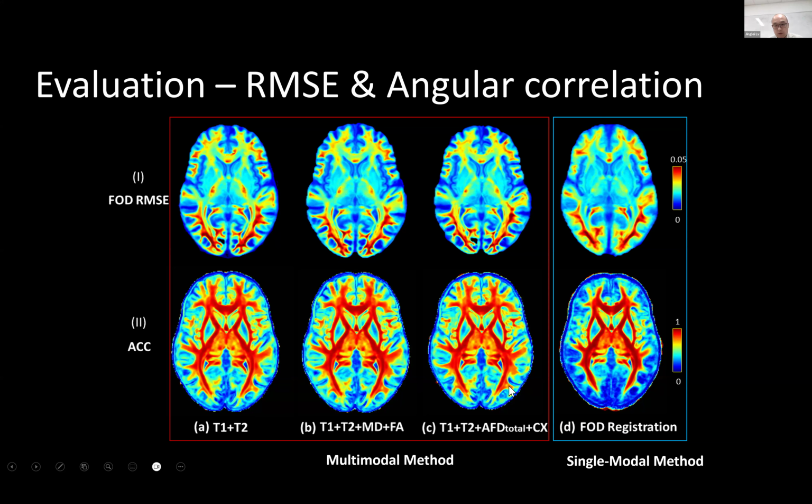In these red blocks, we have all the multimodal approaches, and on the right we have the single modal approaches. Clearly we can see that the multimodal approach improves the individual template alignment in the superficial white matter, in both metrics.